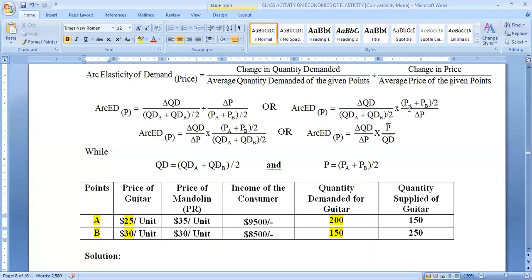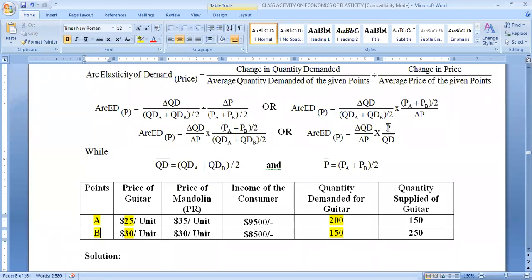This formula can further be written as delta QD over delta P multiplied by PA plus PB, the sum is divided upon 2, divided by QD at point A plus QD at point B divided by 2. Or arc elasticity of demand with respect to price can be written as delta QD over delta P multiplied by P bar over QD bar, right?